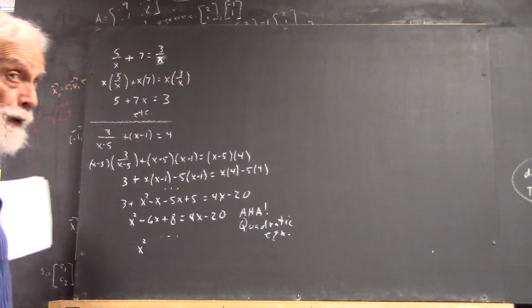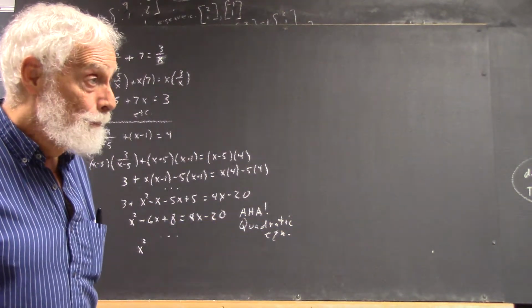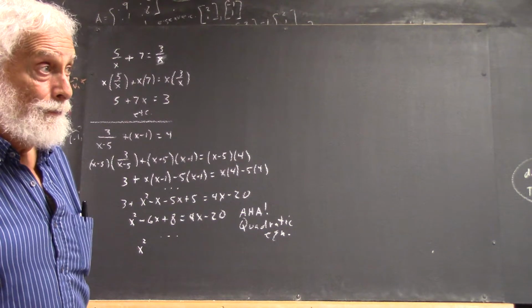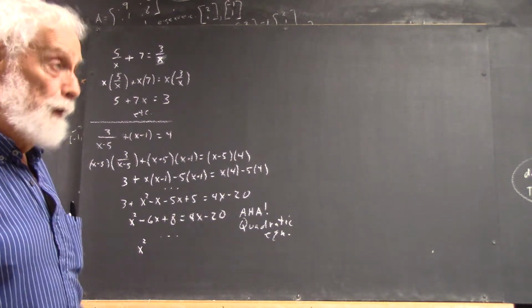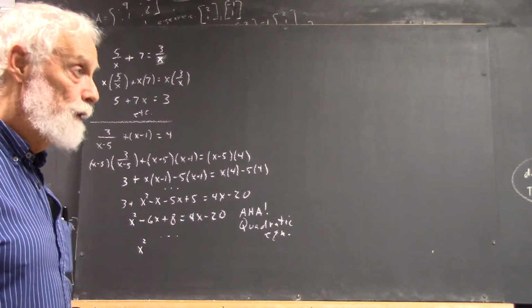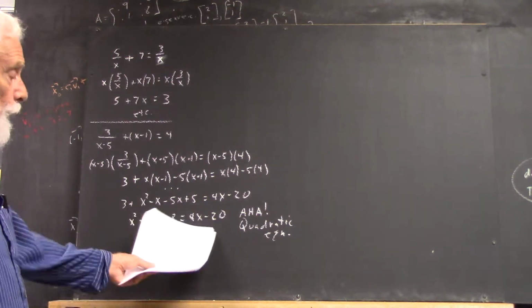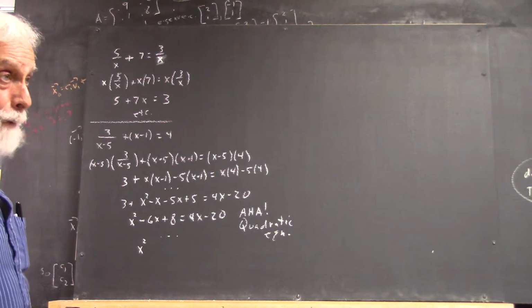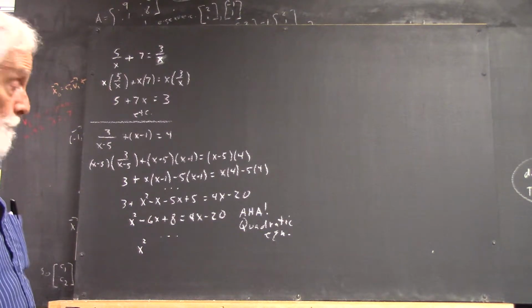How do you solve a quadratic equation? You put the whole thing on one side so it's equal to 0. And then you can apply the quadratic formula if necessary. But if you can factor, you can also do it that way. We're not going to get too tricky with that, but I want you to recognize you have a quadratic equation and be able to use the quadratic formula. Okay?